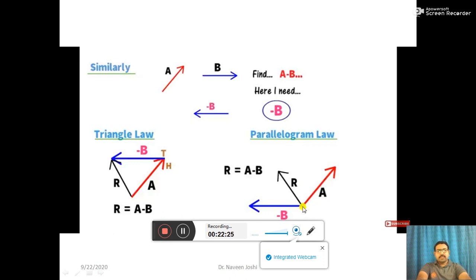Then the tail of vector A you attach with the tail of negative vector B. Then the resultant vector is shown in the diagram by capital R. You just compare here. The triangle law always gives a closed region, it looks like a triangle, and here R is showing somewhat open. So you get an open region in the case of the parallelogram law of addition or subtraction of vectors.